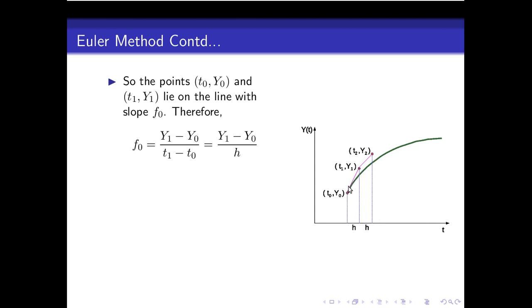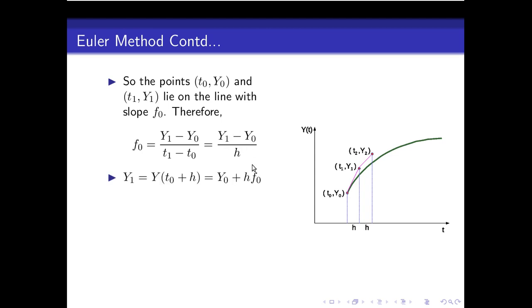Therefore, this is a line segment, and at the two ends of this segment there are two points. One is t0, y0 and the other is t1, y1, and therefore f0, the slope, must be given by (y1 minus y0) divided by (t1 minus t0), but t1 minus t0 is h. Therefore f0 is (y1 minus y0) divided by h.